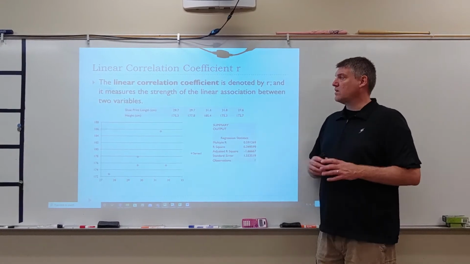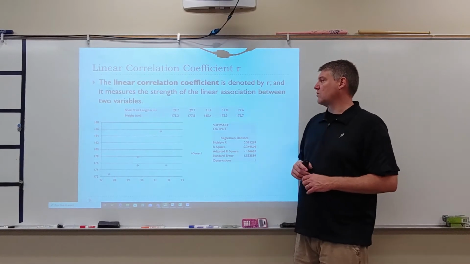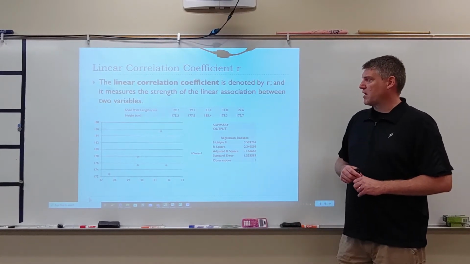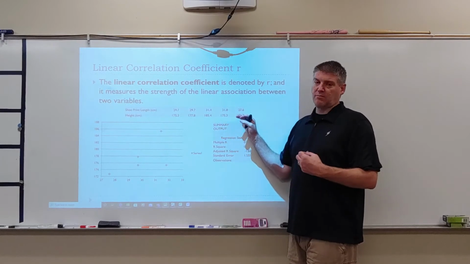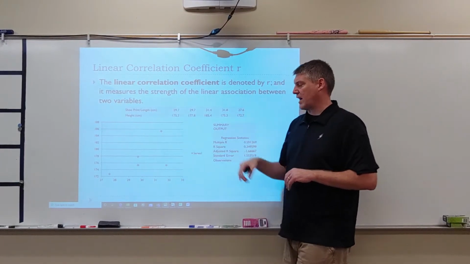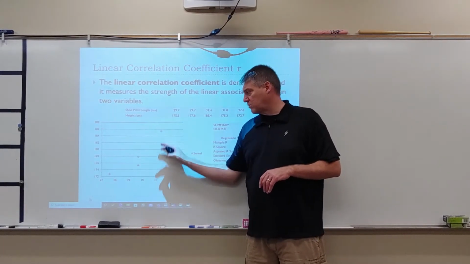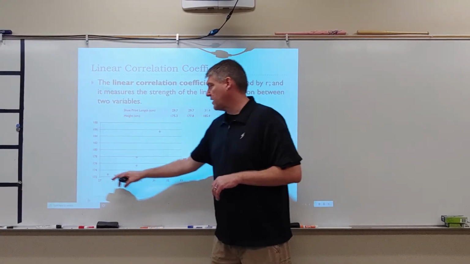Okay, so linear correlation. The linear correlation coefficient is denoted by r, and it measures the strength of the linear association between two variables. In your book, they gave you an example of 5 data points, shoe print length to height. What I did here is I created a scatter plot with shoe print length and height.